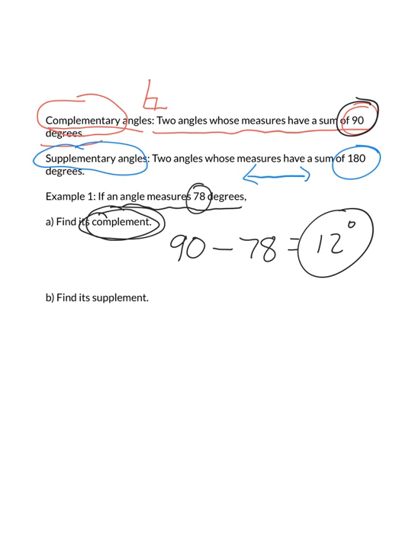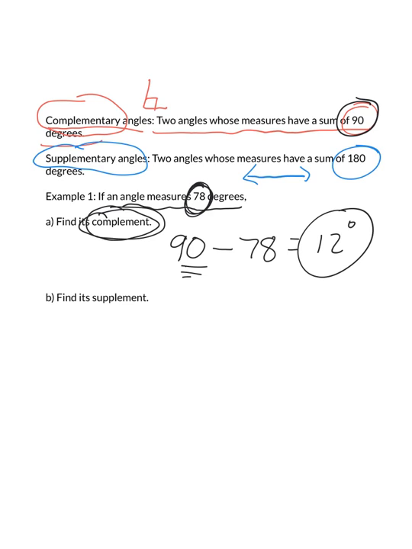So the complement of a 78-degree angle would be a 12-degree angle. Why? Because if I put a 12-degree angle with a 78-degree angle together, I would get back that 90-degree right angle. So to find its complement, just take the number 90 minus the given angle in the problem, done.